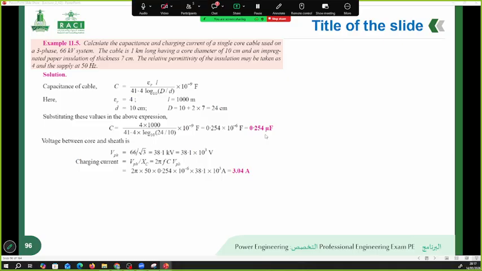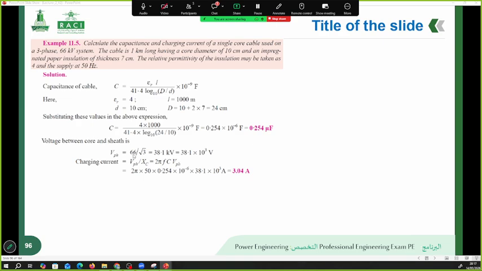Then we proceed to calculate the phase voltage, considering the line voltage is 66 kilovolt. This is in a three-phase system. We can find the phase voltage, approximately 38.1 kilovolt between the core and shields. Using this voltage and the capacitive reactance relationship, the charging current can be calculated.